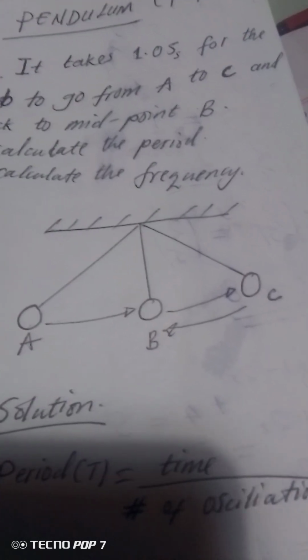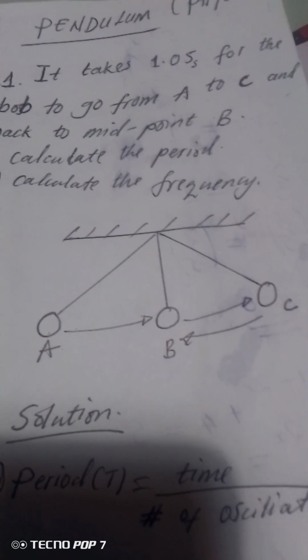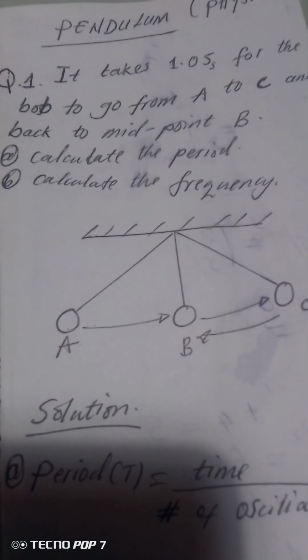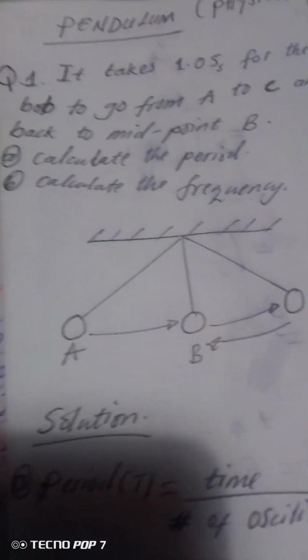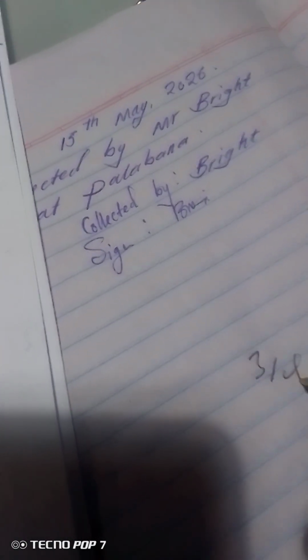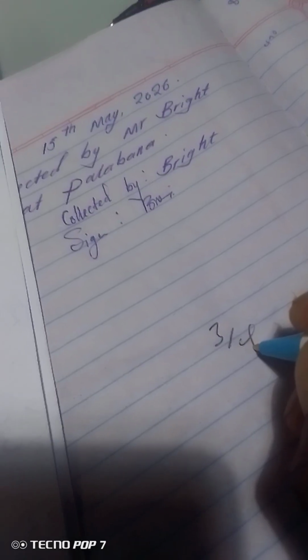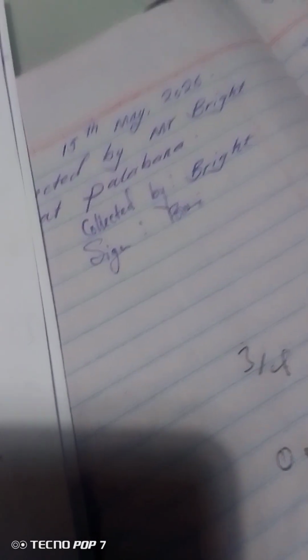So in this case, it has moved from A to C and then back to point B, which is 3/4. So 3/4 can be written as a decimal. Just divide 4 into 3: that's 0, put a point.